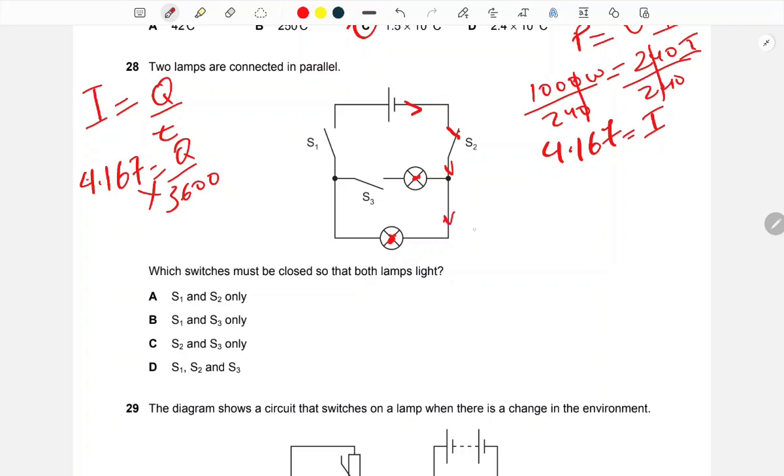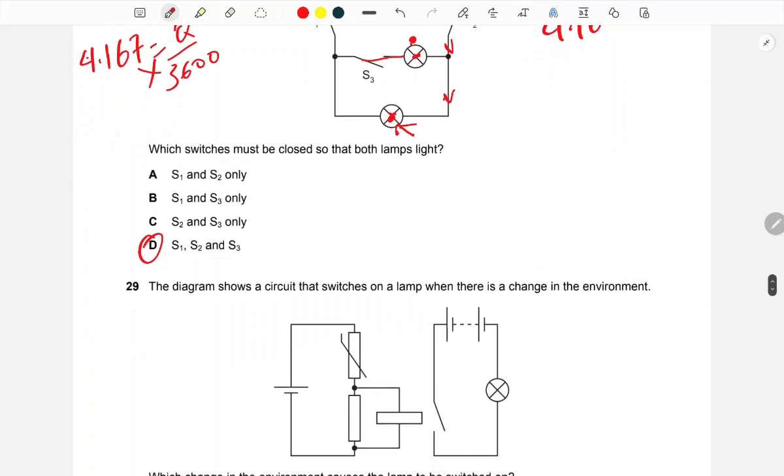And then S1 should also be closed because we need to form a complete circuit for both lamps to light. And then S3 should also be closed because if S3 is not closed, only this lamp would light, as there's not a complete circuit forming around the first lamp over here. So all three switches must be closed. So it's going to be D, S1, S2, and S3.